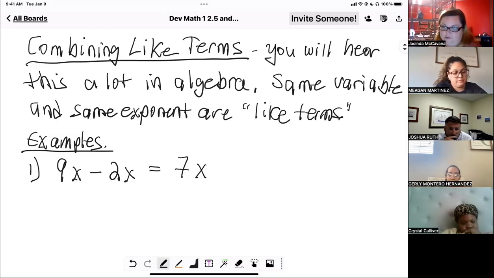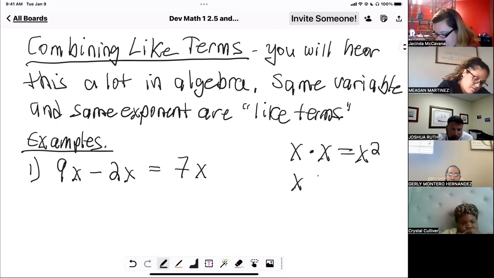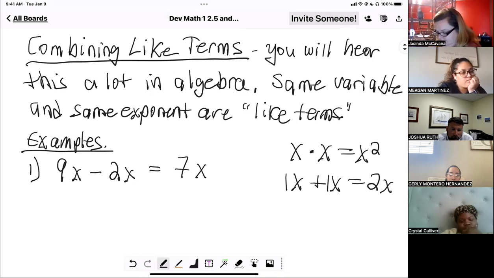So it wouldn't be x squared. Now, x squared comes in when you multiply. X times x is x squared. Or x plus x would be 2x, because there's 2 of them. So the difference between adding, subtracting, and multiplying is that you change your exponents only when you multiply.